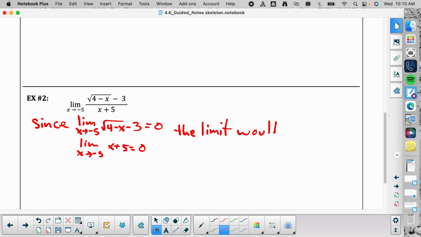Go ahead and answer. Oh, never mind. Okay. If you want to abbreviate L'Hopital's as L parentheses H, they probably accept that. I just like writing L'Hopital's.